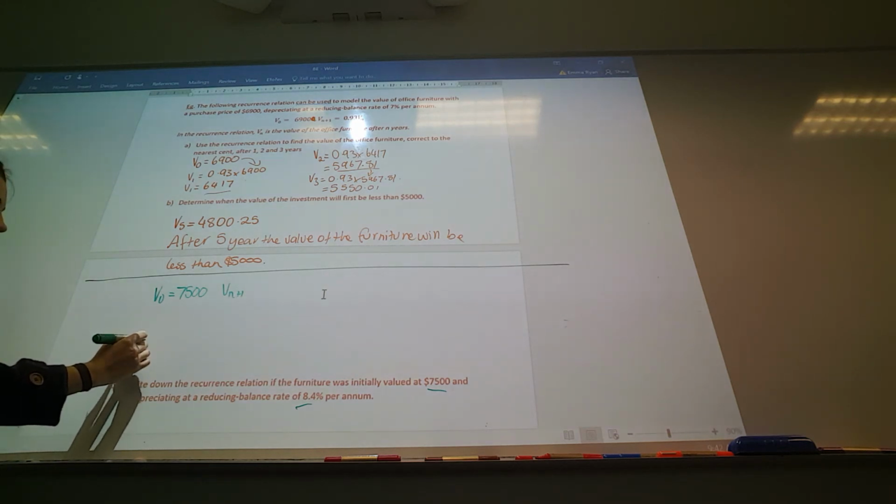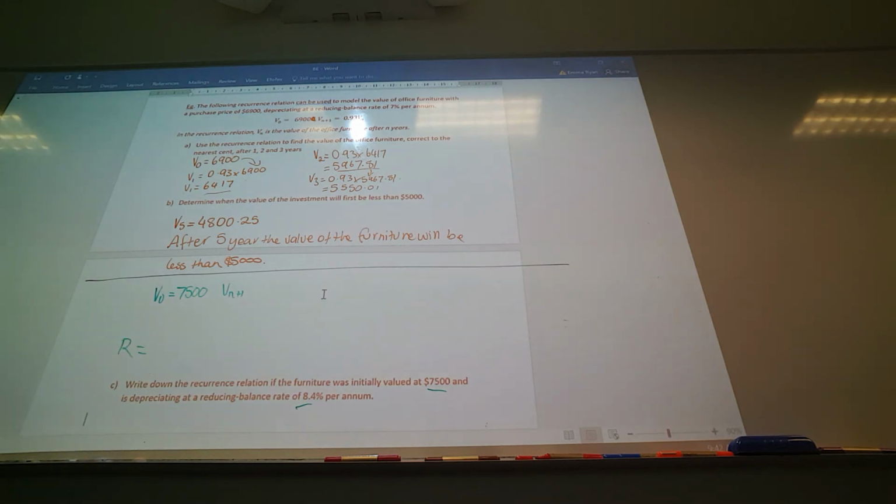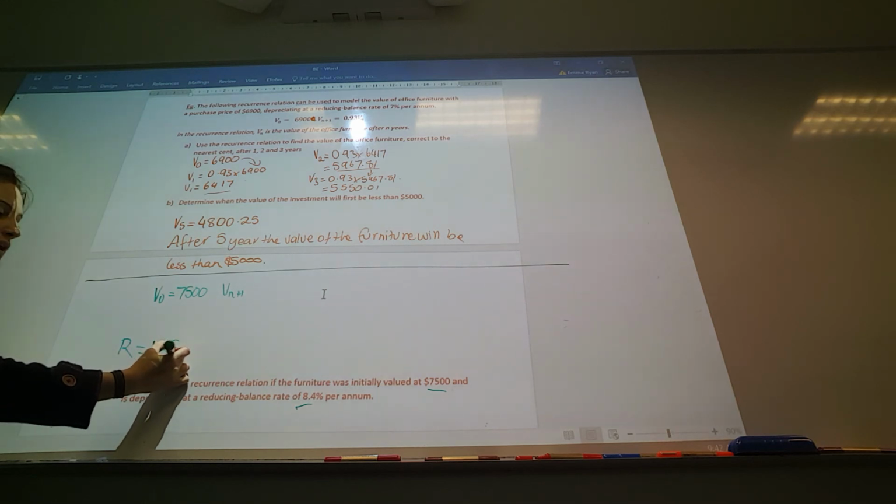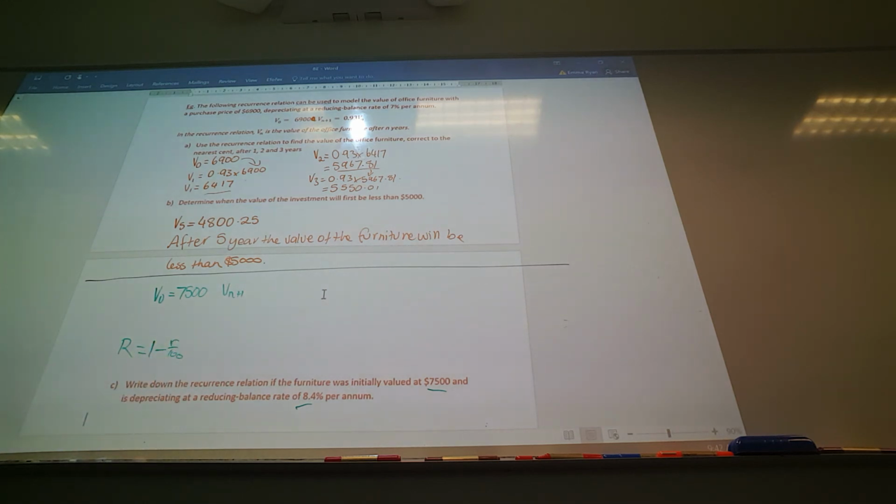So find our ratio. We are decreasing, so we need to do 1 take away R on 100. Any questions about that while we're doing take away? All good?